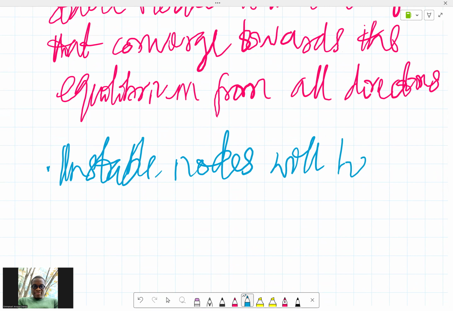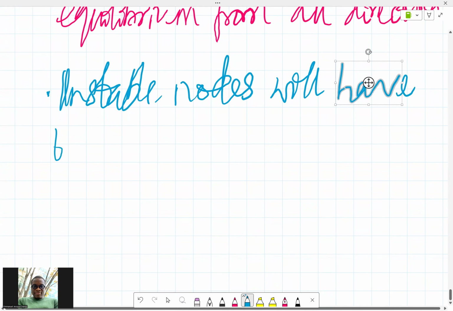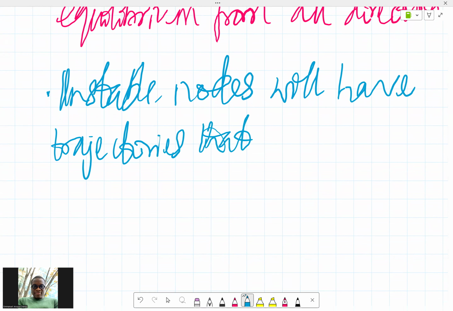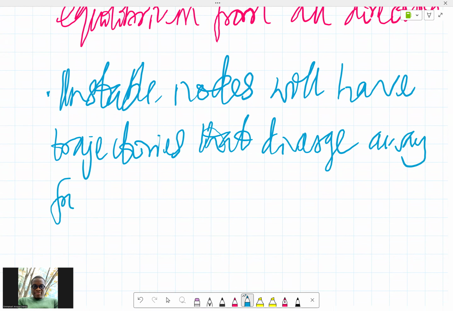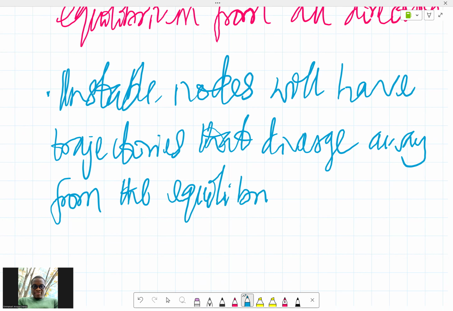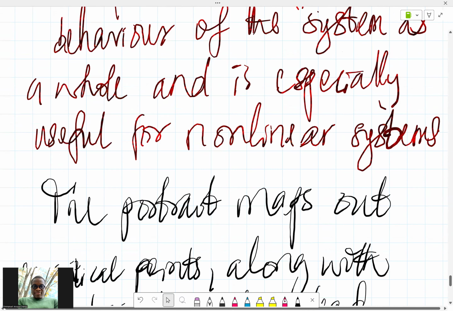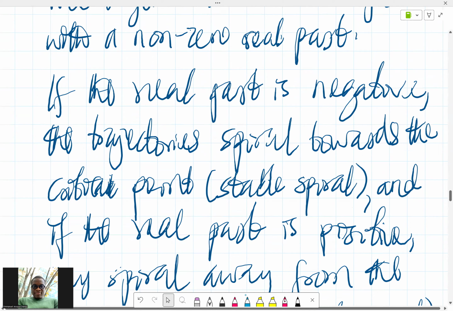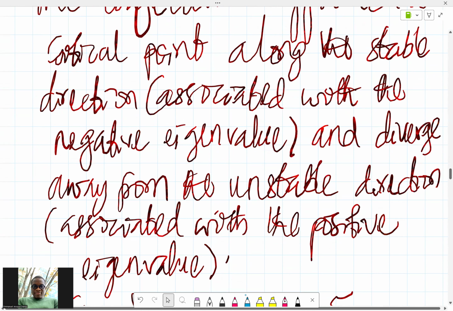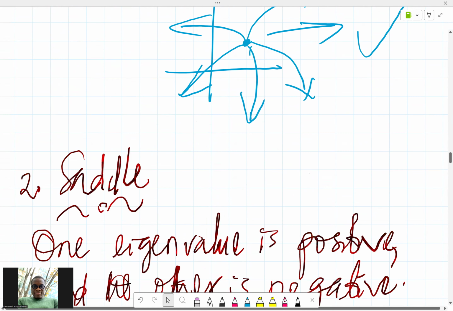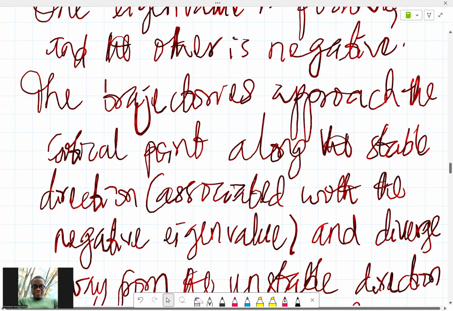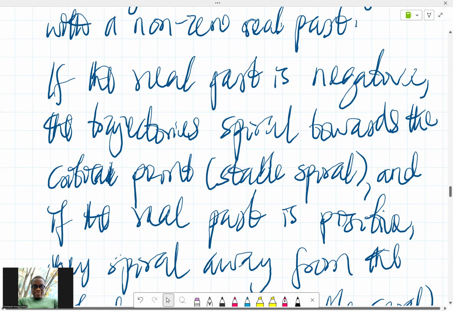Unstable nodes will have trajectories that diverge away from the equilibrium in all directions, of course. So all the trajectories will diverge away from the equilibrium. Oh, yeah, that is a saddle, sorry. This is not the one I was talking about. Everything goes away from the equilibrium.